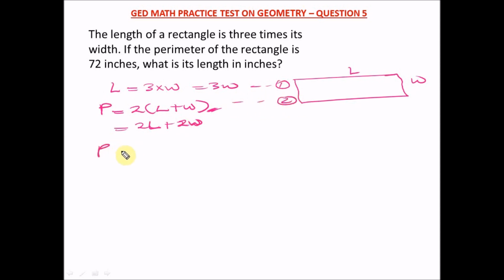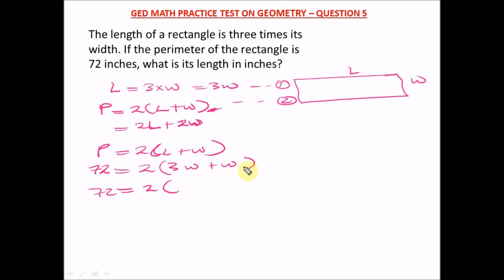So we rewrite: P equals 2 bracket L plus W. The perimeter from our question is 72. So we have 72 equals 2 bracket, our L is 3W, so 3W plus W, close the bracket. What is 3W plus W? That will give us 4W.